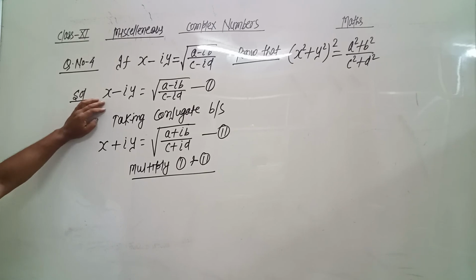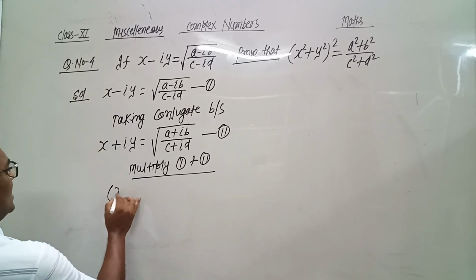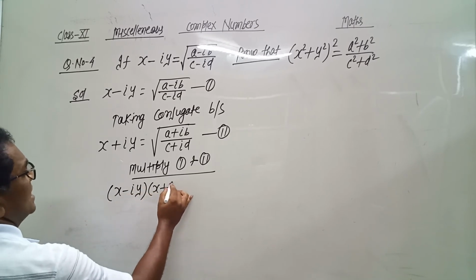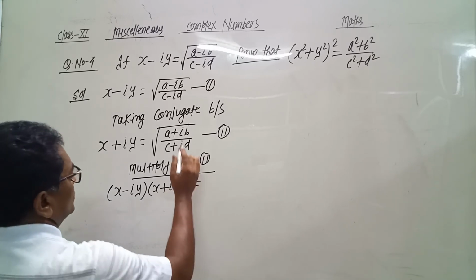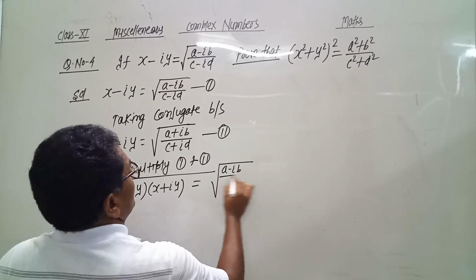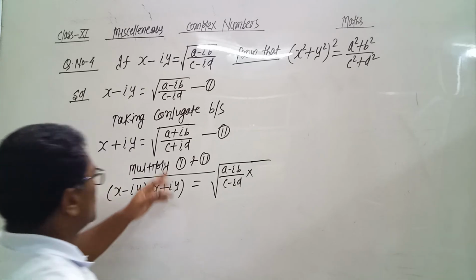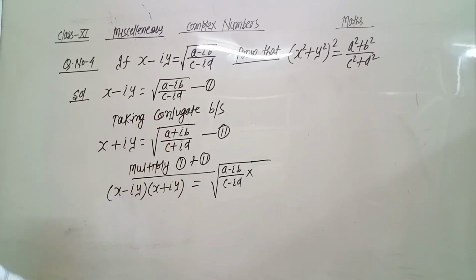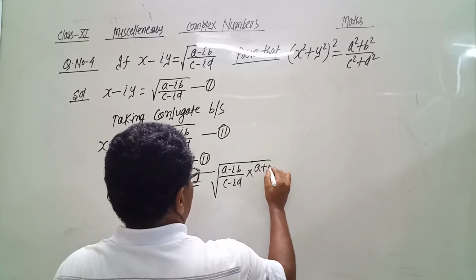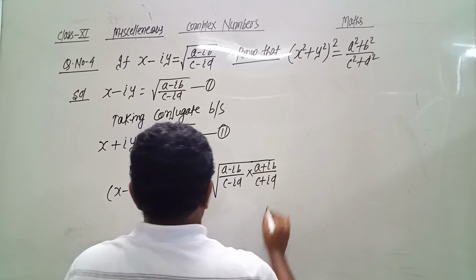So (x minus iota y) into (x plus iota y) equals the square root of (a minus iota b) upon (c minus iota d) into (a plus iota b) upon (c plus iota d). Since both are in square root, we can multiply in a single square root.